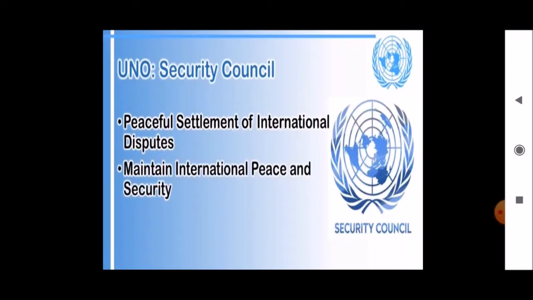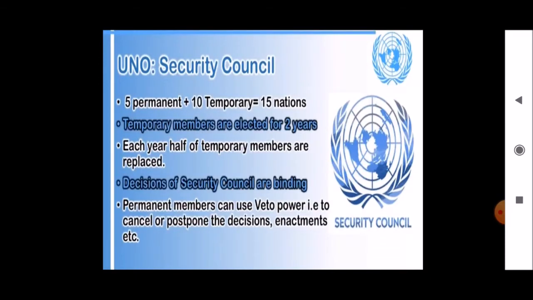The Security Council is responsible for maintaining peace by settling conflict among nations. It has 15 members, 5 of which are permanent: China, France, Russia, United Kingdom and United States of America. The other 10 members are chosen on rotation.